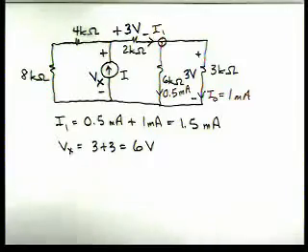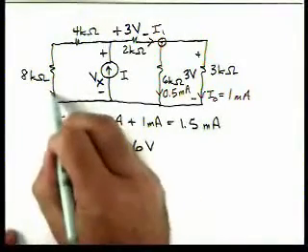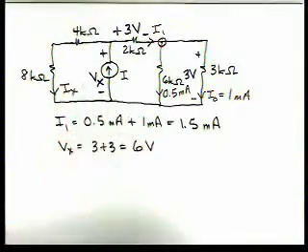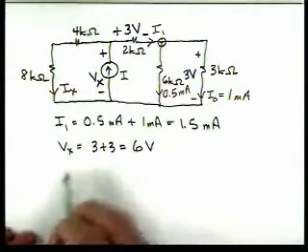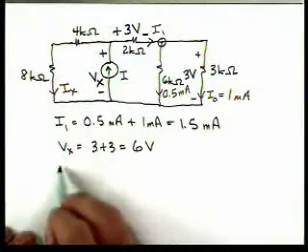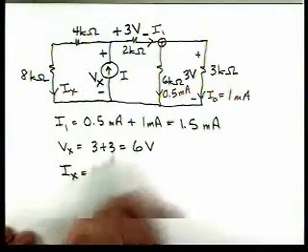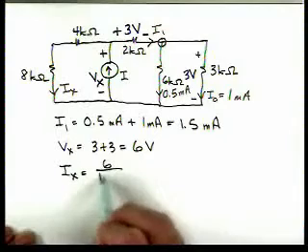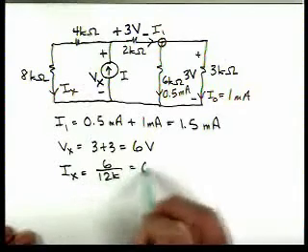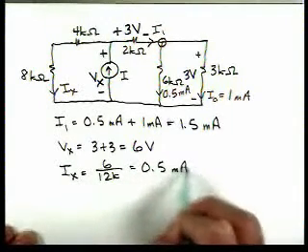So now that allows us to calculate this current I'll call Ix, because now we know the voltage across those two resistors in series. So Ix is 6 divided by 12 kiloohms, which is 0.5 milliamps.